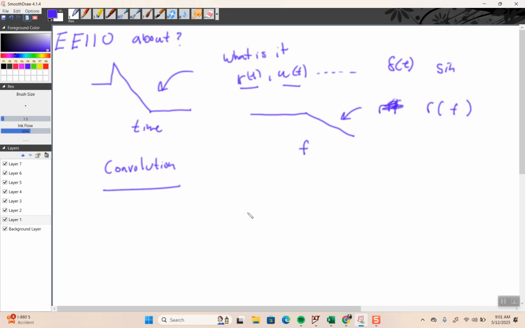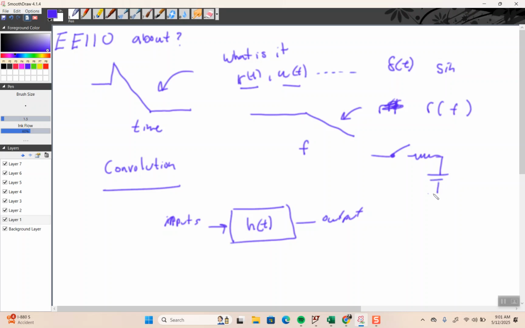convolution, right? Which really, we have a system, time domain. We have inputs, we have the output, right? And in 98, we might have done something like this with a transient.